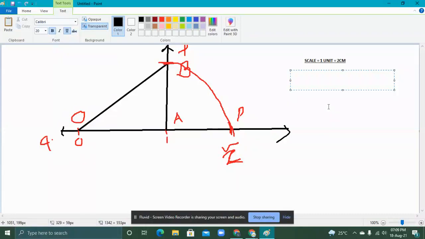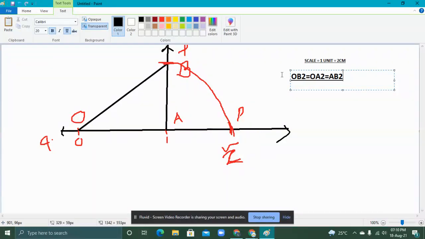You can write OB square equals to this, the line OB square equals to OA square plus AB square. That's why the naming of the points is very important.